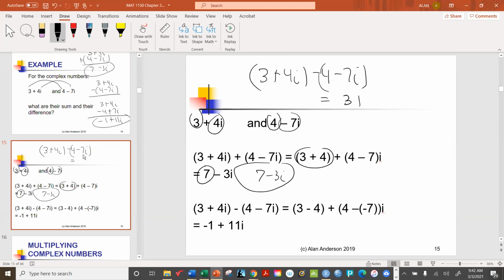Just a quick reminder that what you're actually doing here is this. By distributing this negative sign across, you can see that you're going to wind up with negative 1 plus 11i. So it's just a question of being careful with those pesky negative numbers.